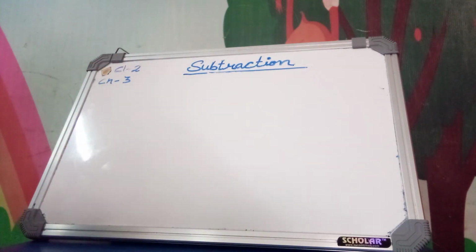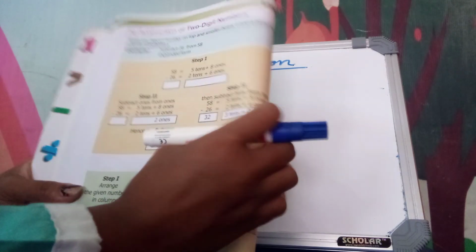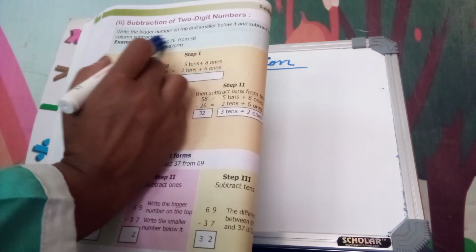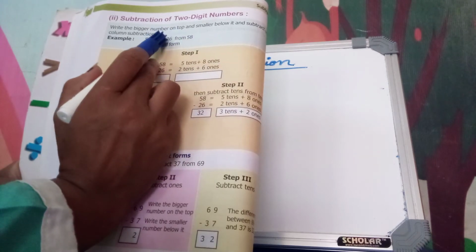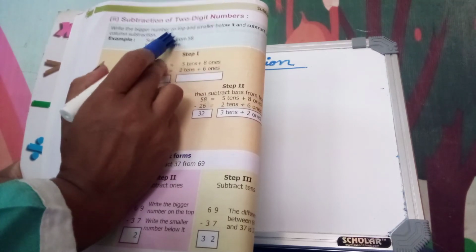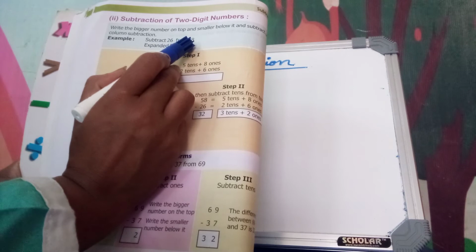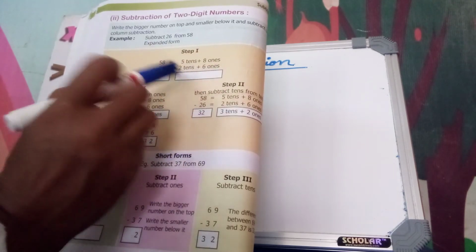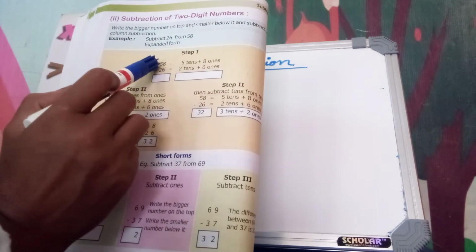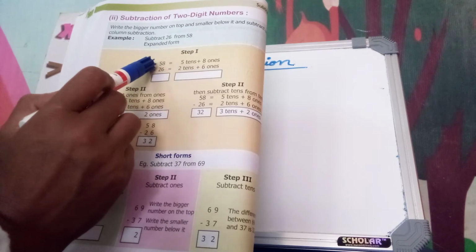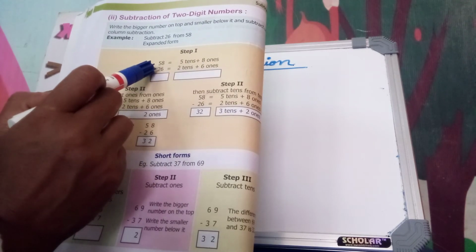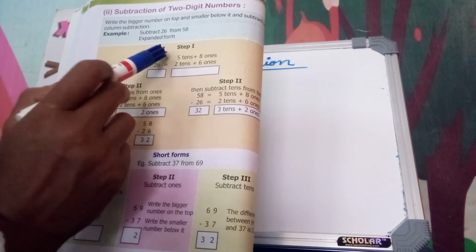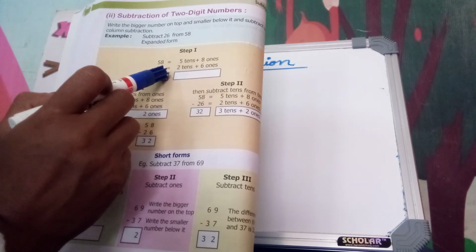Now see here, this is one step. Subtract 26 from 58. We have to subtract 26 from 58. Firstly, we have to write the bigger number on top and the smaller number below the bigger number.